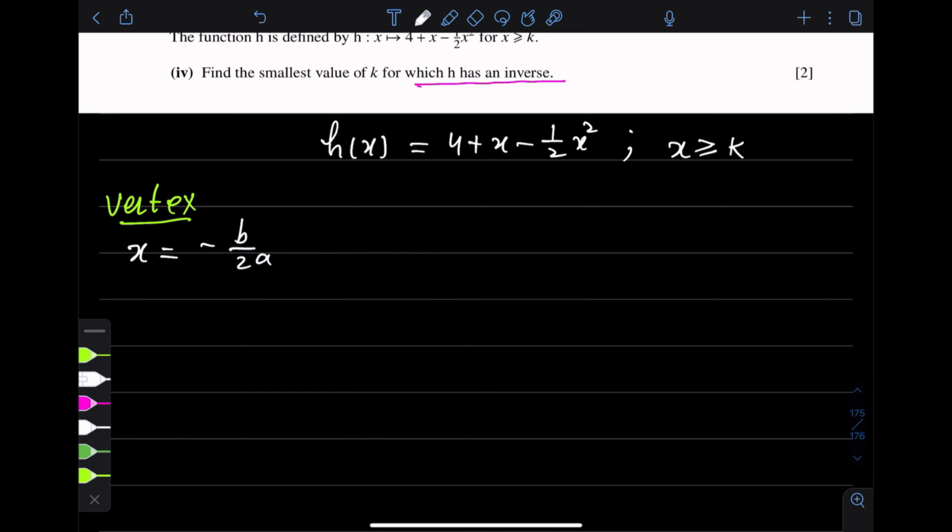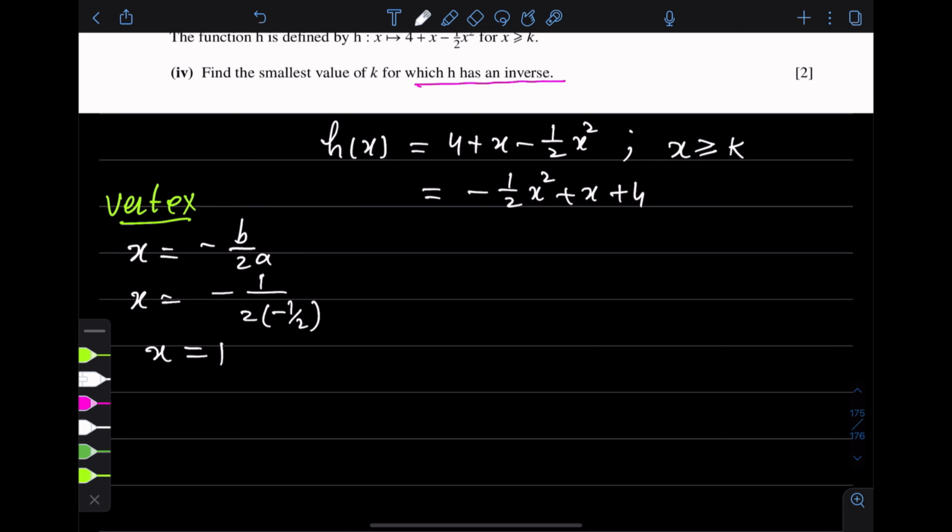First we arrange it: minus 1 over 2 x square plus x plus 4. Clearly, a is minus 1 over 2, the coefficient of x is 1, that is b. The constant term is c. So the x coordinate of the vertex will be equal to minus b over 2a. A is negative 1 over 2. So x is equal to 1.